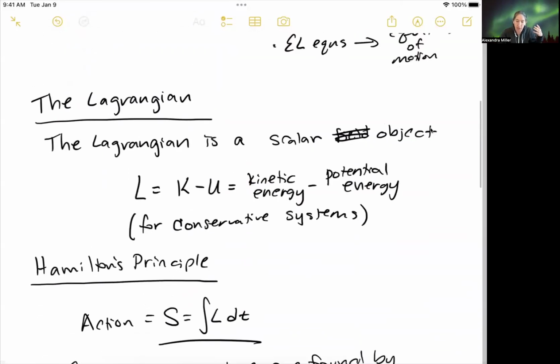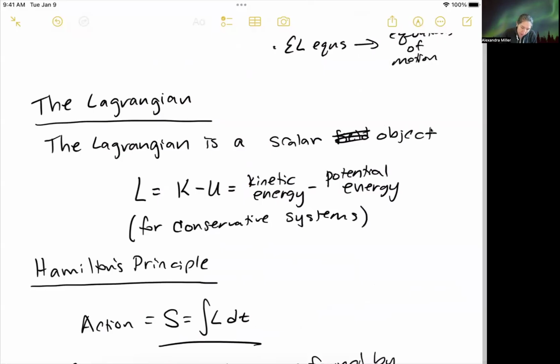And importantly, this Lagrangian can be thought of as the kinetic energy minus the potential energy of your system. And understanding that this Lagrangian is defining what physical system you have. Those are the main things that you need to take away, whether you are an expert in actually solving these things for classical mechanics systems or not.